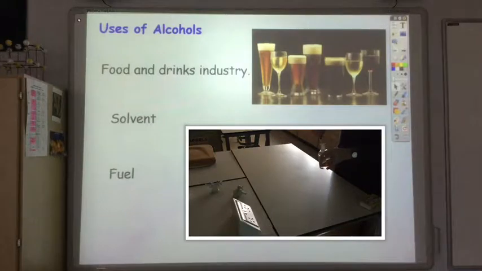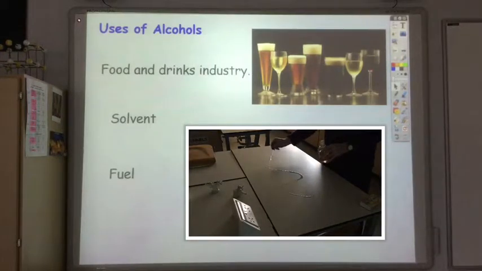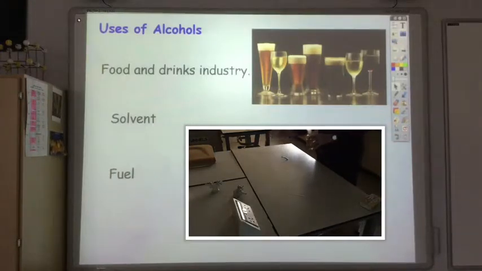Okay, so this is just a quick demo to remind you how flammable alcohols are, which means you have to be very careful when you're heating them up, but on the other hand it makes them very useful as fuels.